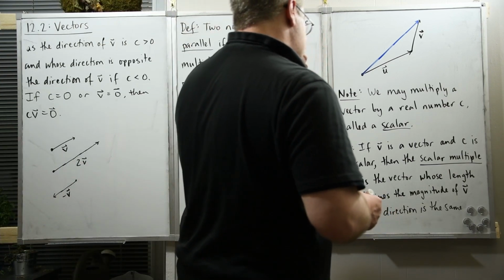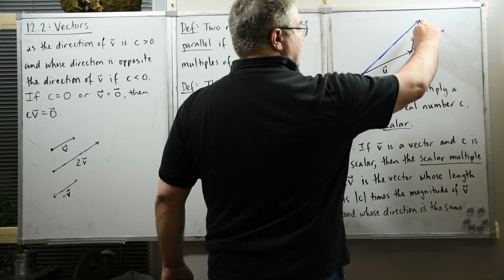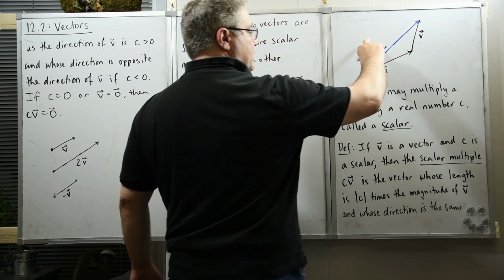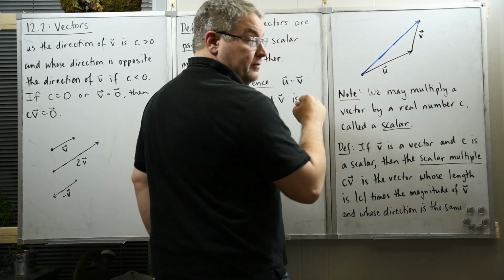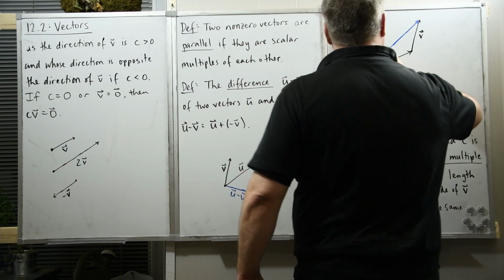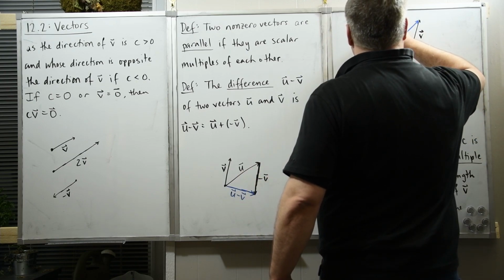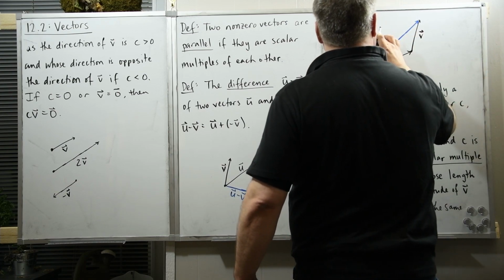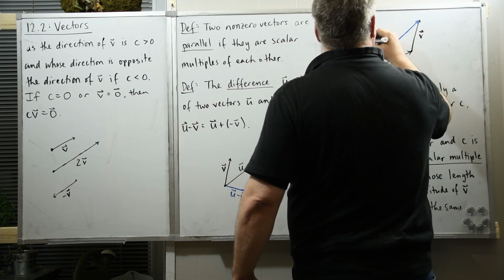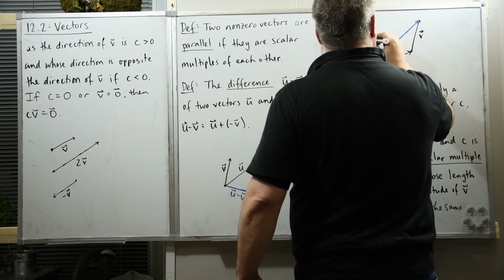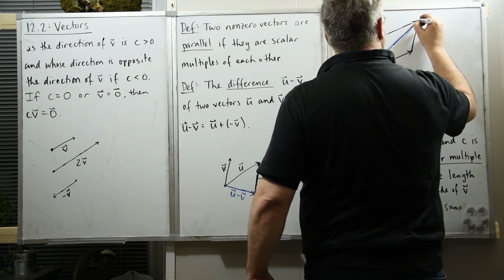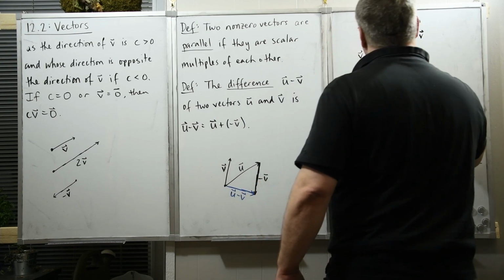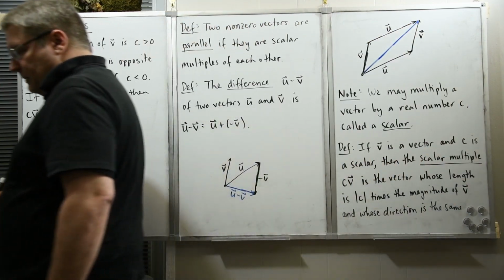This parallelogram is going to be formed in such a way that we shift this v over here so that the initial point of v and the initial point of u are the same. So we would have our vector v like this, and then our vector u would look like this. So we've got this nice parallelogram formed.